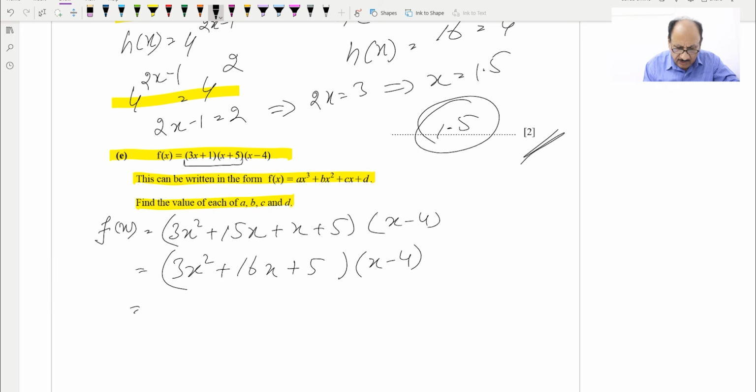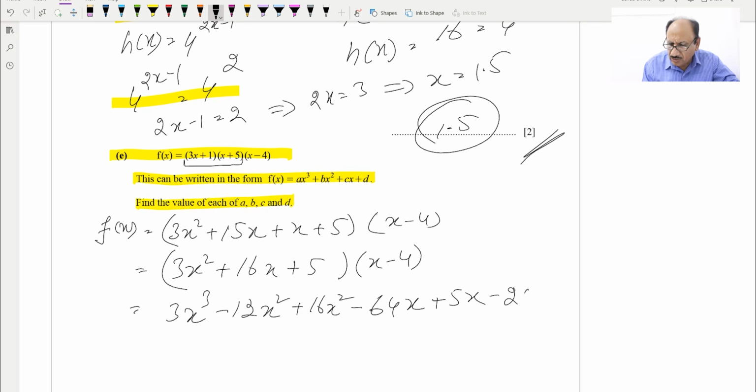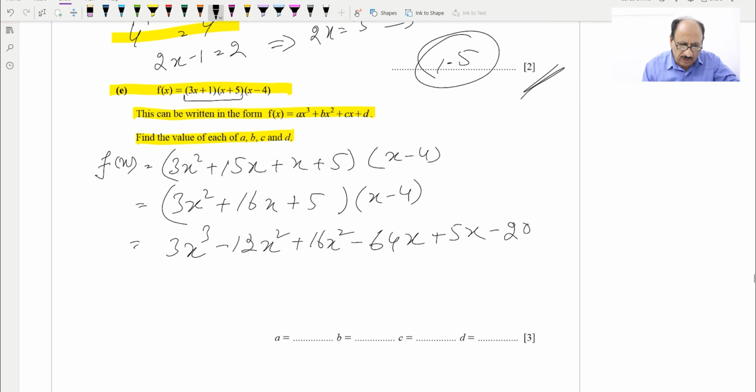Now we will multiply 3x square with x will be 3x cube, and 3x square with minus 4 will be minus 12x square. Then 16x into x will be plus 16x square, and 16x into minus 4 will be minus 64x, and then 5 into x will be plus 5x, and 5 into minus 4 will be minus 20. Now again we will be adding the like terms, and we will be finding the cubic equation, and we can write 3x cube.